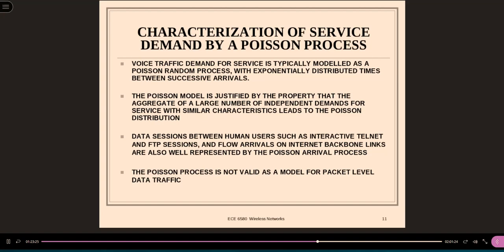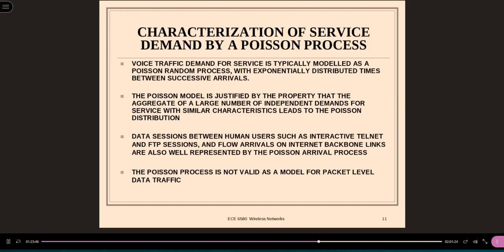And so now data sessions in other cases, for example, when you do an FTP session, or when you have arrivals in the internet backbone links, can also be shown to be modeled well by a Poisson process.